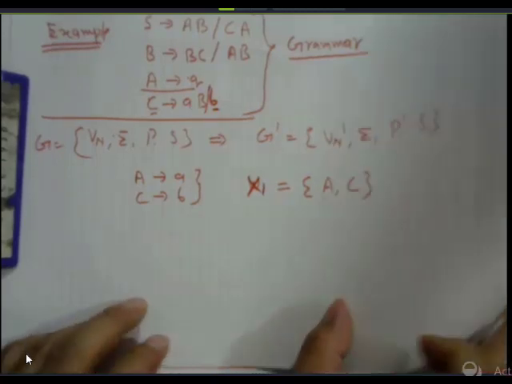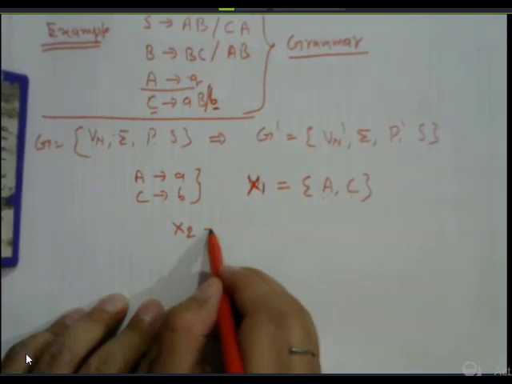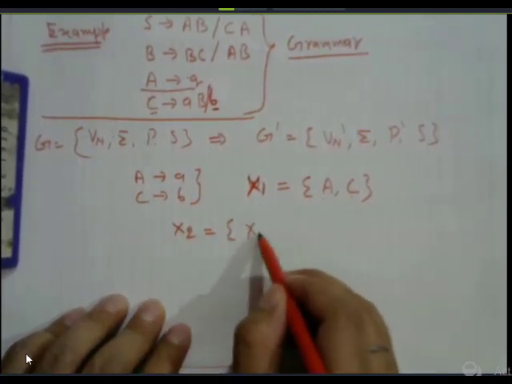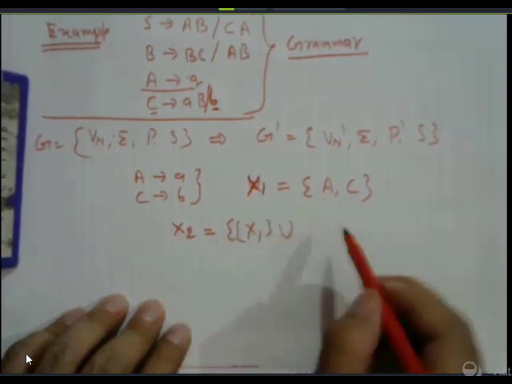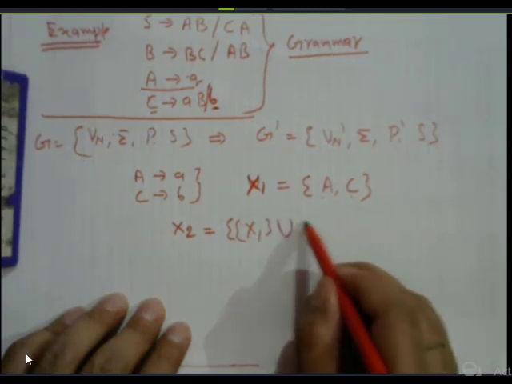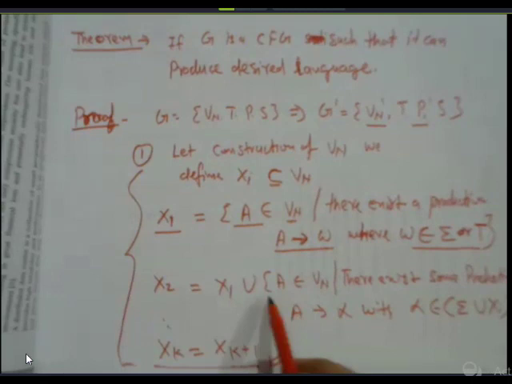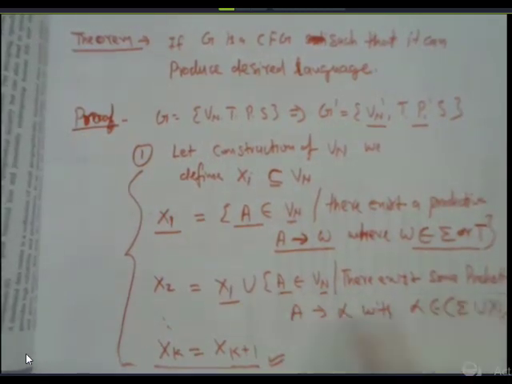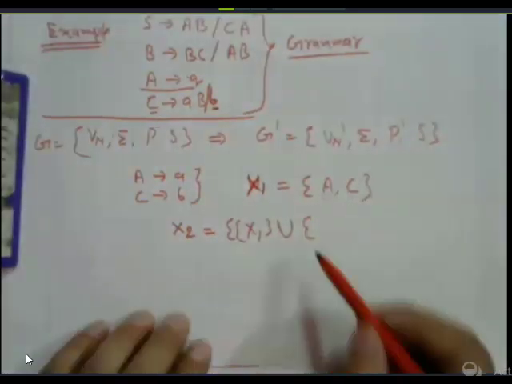Then again we write the second method: what is the value of X2? The value of X2 is equal to the value of X1 union all the productions which generate from X1, that is, X1 union A in Vn such that there exists some production A tends to alpha, where alpha is in Xi.